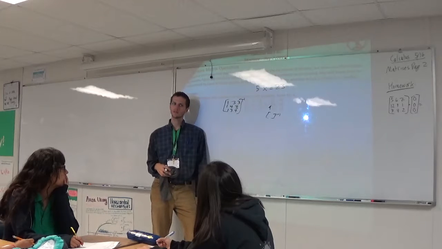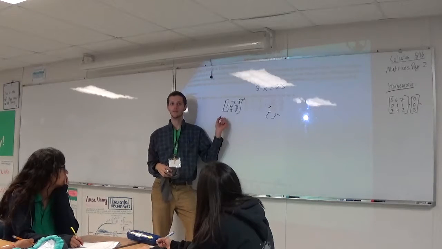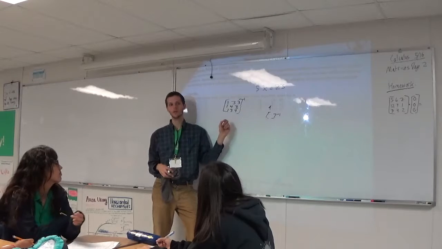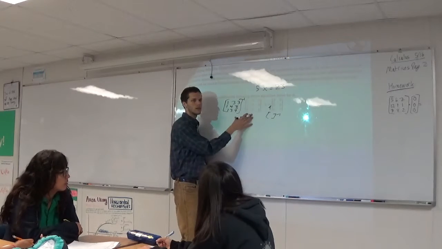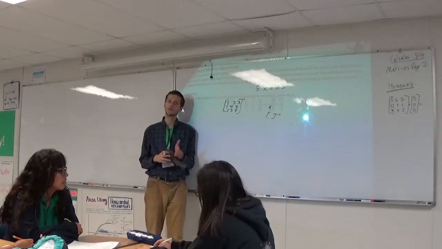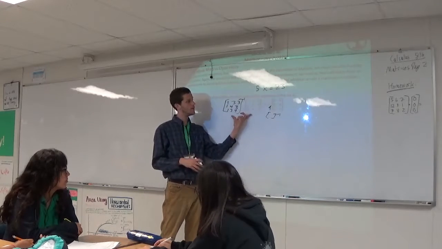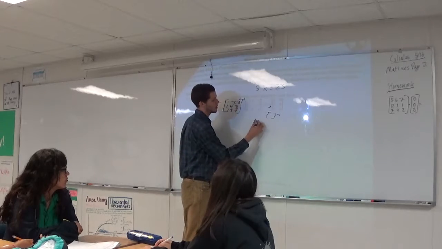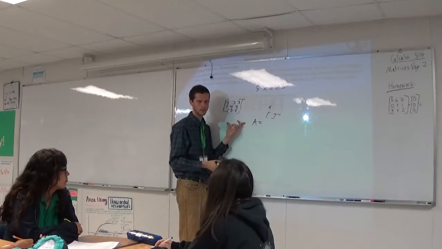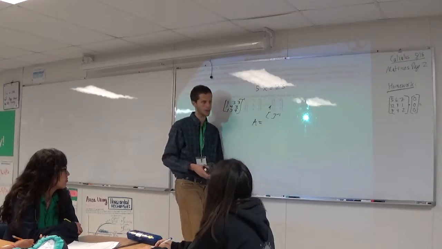They cancel out. When you have an inverse times itself, look at the page before, you end up with the identity, but this whole left side is going to end up giving you A. And then on the right side, you're going to get whatever that actually is.